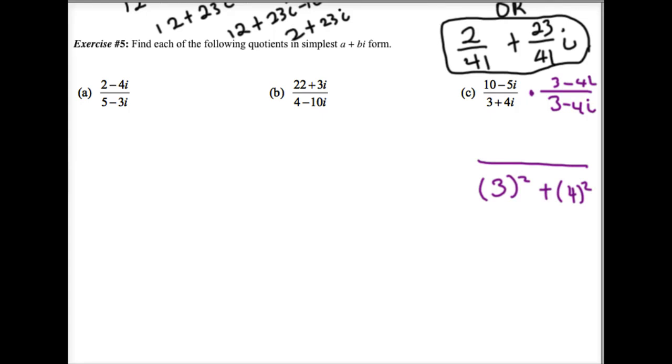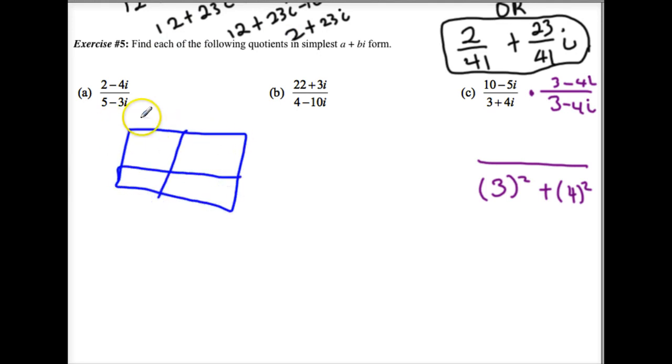So let's work the top part of it out. Get my box method. This is 10 minus 5i, 3 minus 4i. Fill this in. 30 minus 15i minus 40i, and this is a positive, I don't need to write plus, 20i squared.